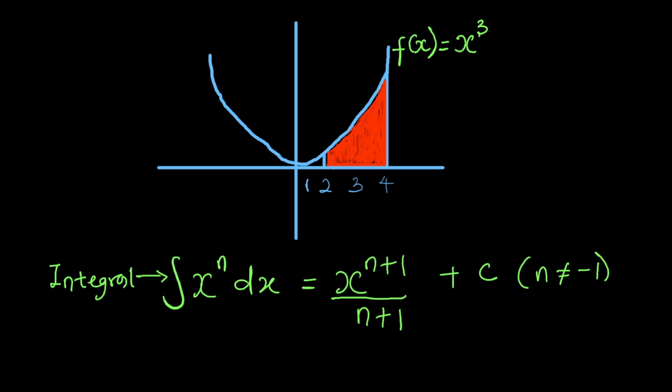So let's say we have this problem. Integral of x raised to the power of 2 dx. Solving this problem, you first need to understand what your n value is. And from this problem, our n value is 2.